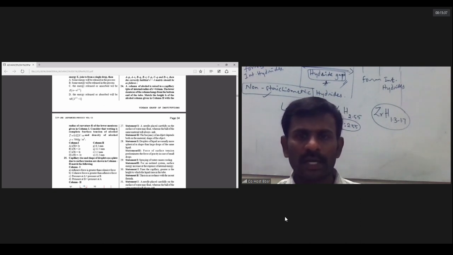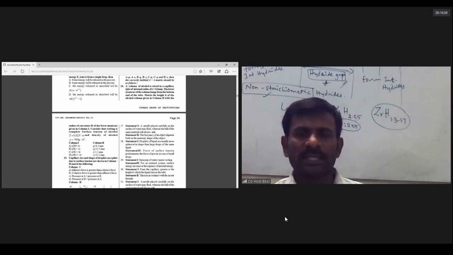A column of alcohol is raised in the capillary tube of internal radius 0.6 mm. The lower meniscus of the column hangs from the bottom end of the tube. So match the height of the alcohol column given in 2.